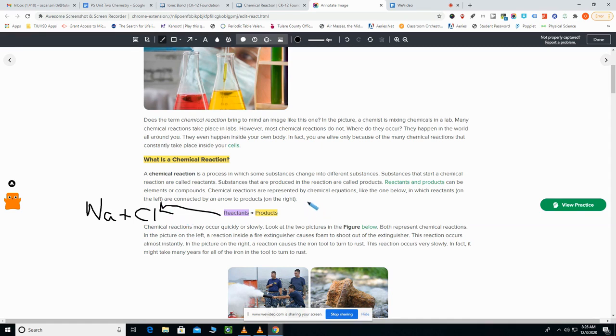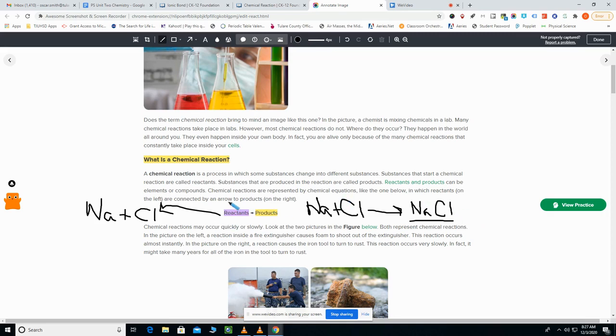And when those two elements react, they form an ionic bond, as we mentioned before, and they form a brand new product, sodium chloride, table salt. When we talk about ionic bonds and ionic compounds, salts is another name. They're solid substances with high melting points. So they have a strong force of attraction.